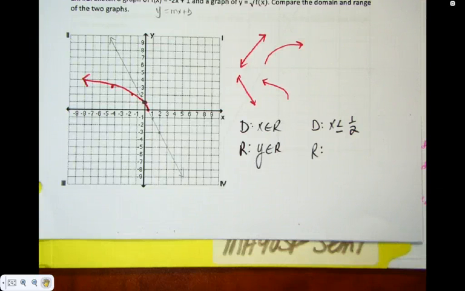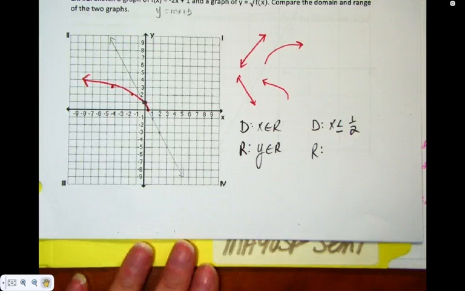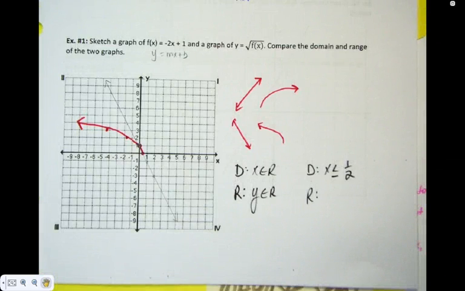Agree, disagree? How do we know it's exactly a half? Well, let's find out mathematically if it's exactly a half. How do you know it's exactly a half?